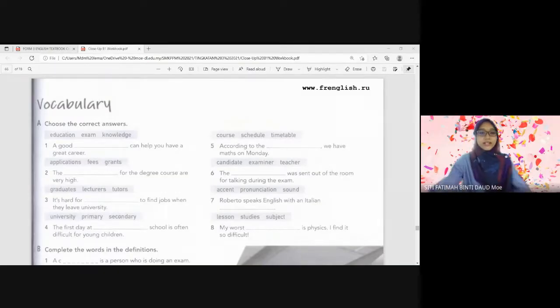There's another word, C-A-R-R-I-E-R. Look, I typed a message in the chat room. C-A-R-E-E-R and C-A-R-R-I-E-R. So how do you pronounce the two words?